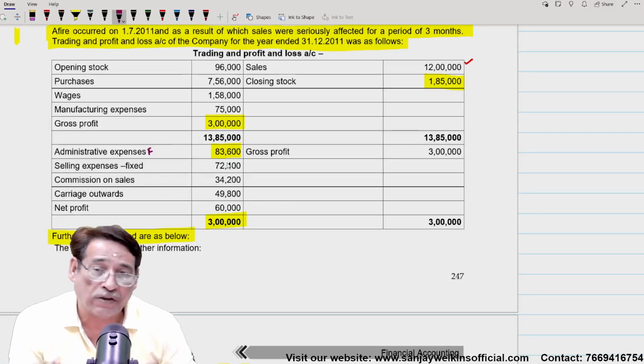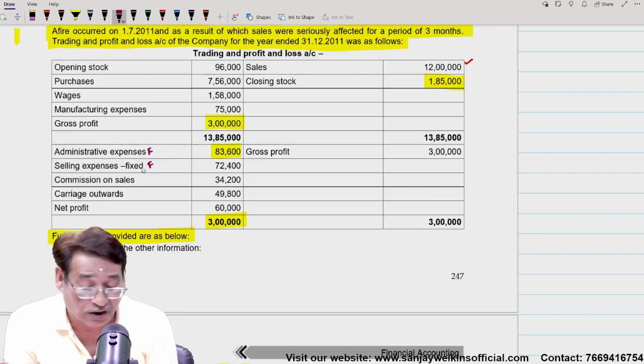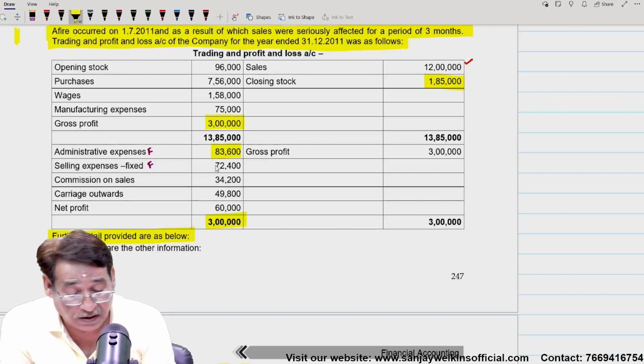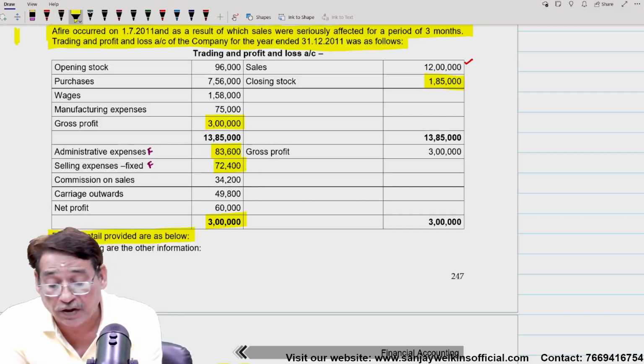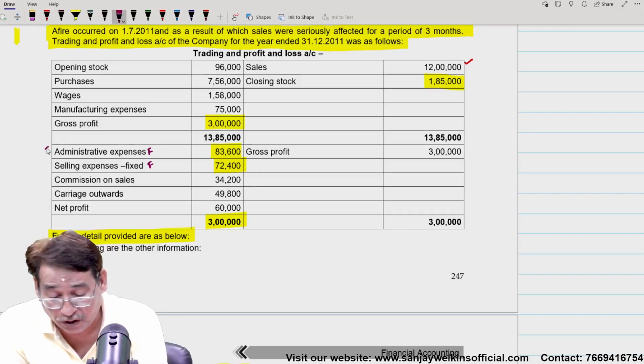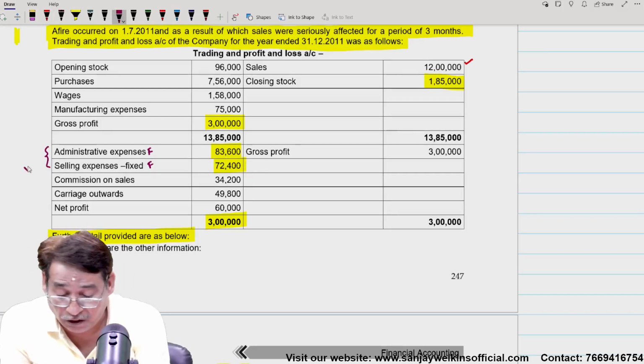Logically, selling expenses are always considered variable expenses, but this time the question has clearly written they are of fixed nature. So my total standing expenses will include 1,56,000. Is it clear to you or not? So if I add both these things, it will be equal to 1,56,000.